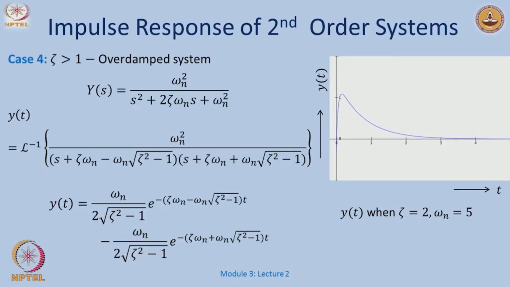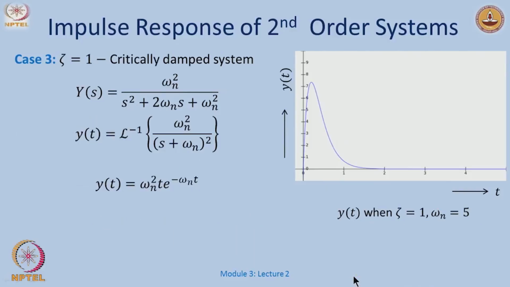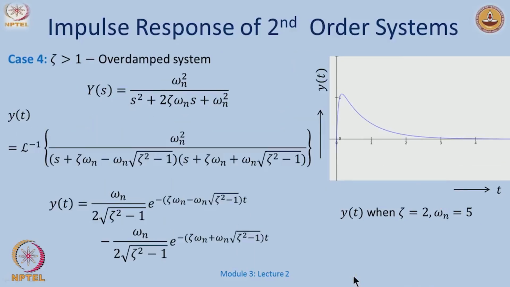Okay. Now, I could go to the overdamped system where zeta is greater than 1, in which case these roots will just be real. Right. So, for zeta less than 1 I had complex roots, but now I will just have real roots. Okay. So, what happens here? The expression s square plus 2 zeta omega n s plus omega n square, I can just write as a composition of two real roots like this, for which the response looks like two exponentially decaying signals.